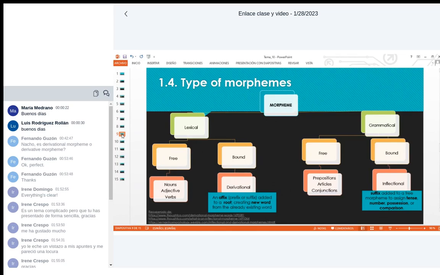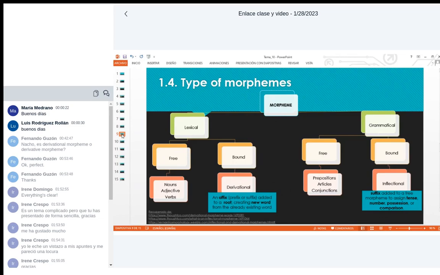Then we have the other category, which is the grammatical morpheme, where we also have to distinguish between two kinds. The grammatical morphemes are those words that do not carry essentially any meaning at all. They're just prepositions that allow us to build up the sentence and to have a transition from one lexical word to another.